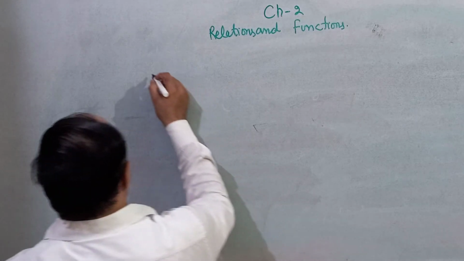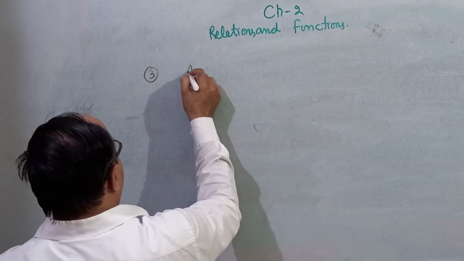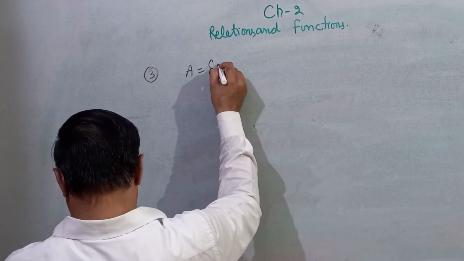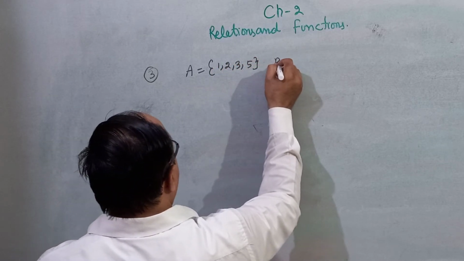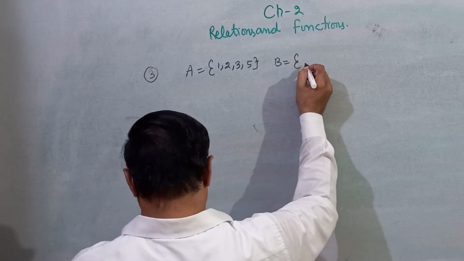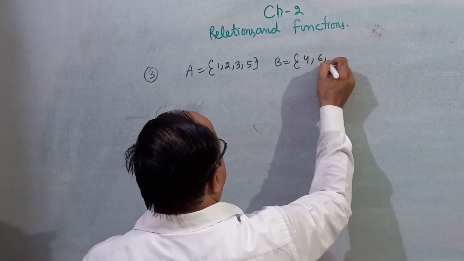Question number 3. Let A is equal to {1, 2, 3, 5} and B is equal to {4, 6, 9}.